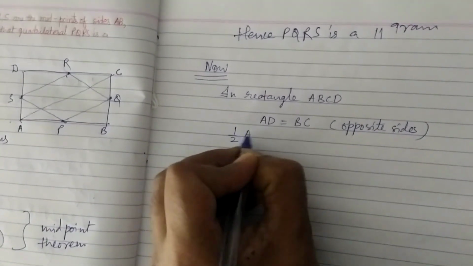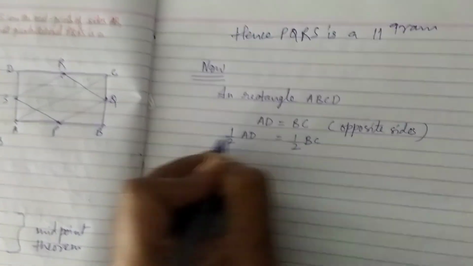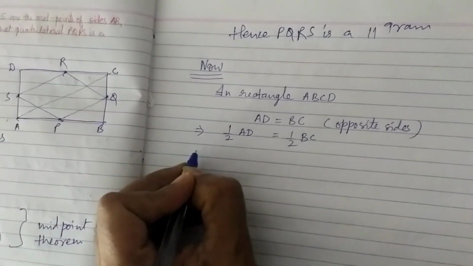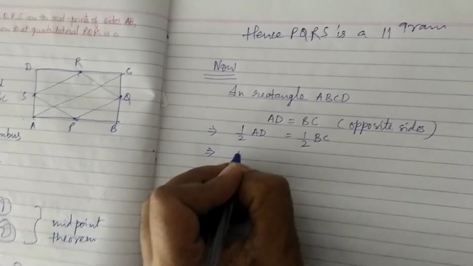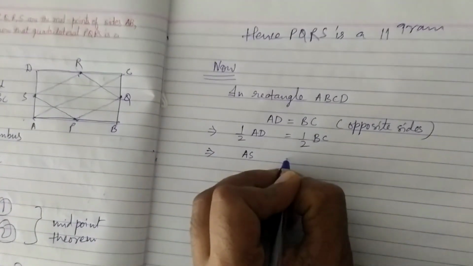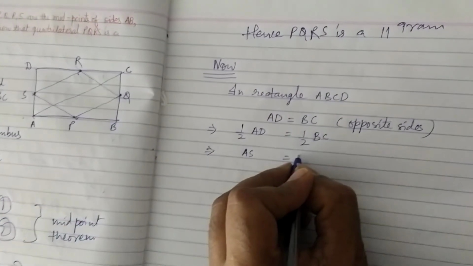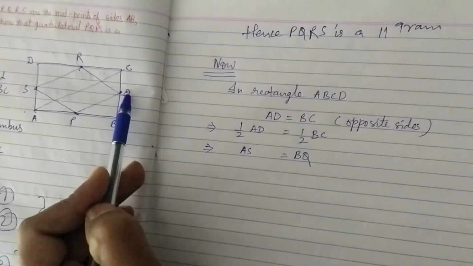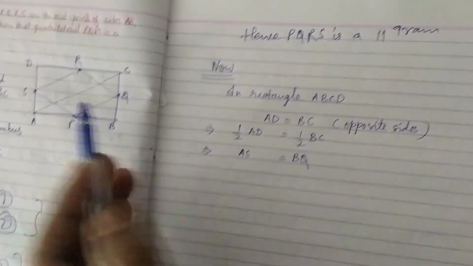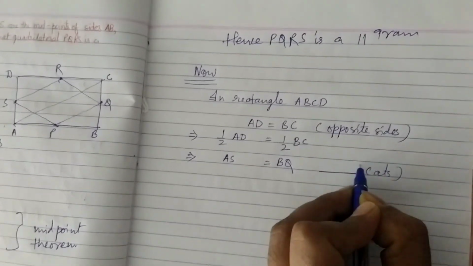If we multiply by half on both sides, no change will take place. And half of AD you can write as AS, half of BC you can write as BQ, because S and Q are the midpoints of these two sides. Make it as equation number cats.